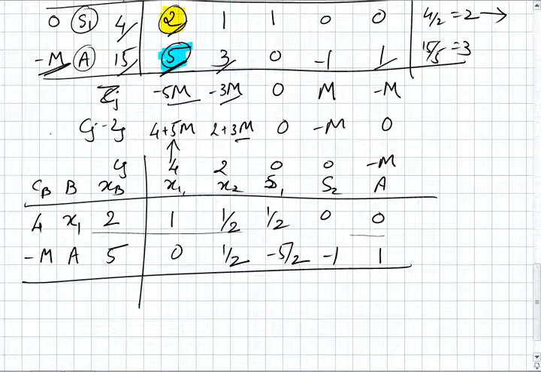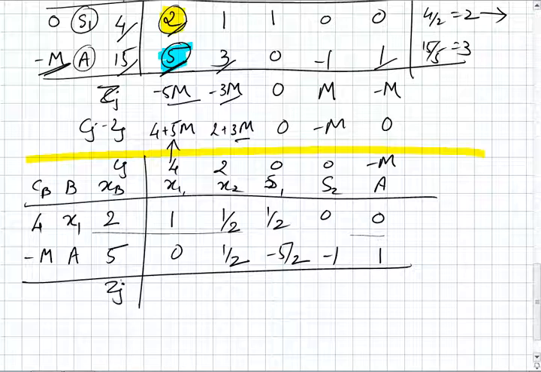Now to evaluate the values of Zj, again multiply 4 times 1, that is 4, plus -m times 0, so it is 0. So 4 times half, that is 2, and -m times half, that is minus half times m, so 2 minus m by 2.